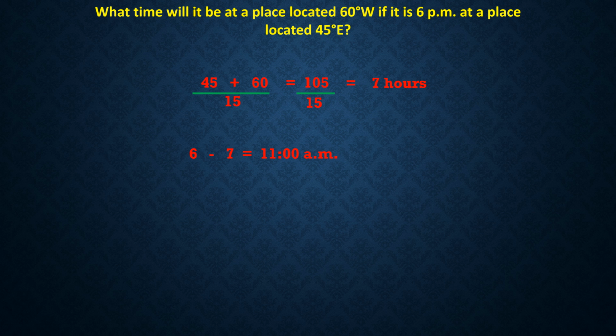So if we have 6 p.m. at a place located at 45 degrees and our workings show that it is 7 hours time difference between the two places, then what we're supposed to do is to go back 7 hours earlier before 6 p.m. Now going back 7 hours earlier before 6 p.m. should give us a time of 11 a.m. Therefore, our time is approximately 11 a.m.